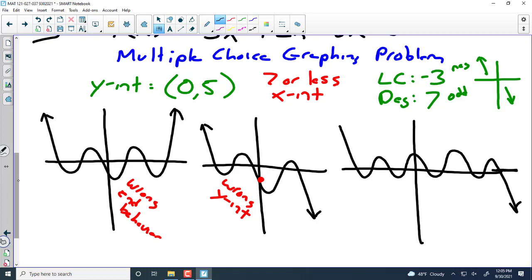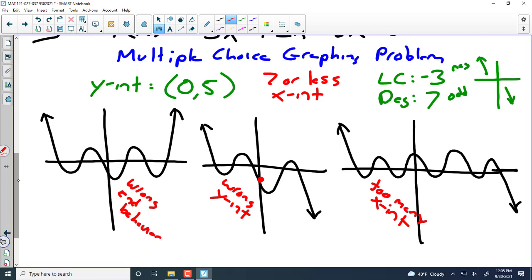So that must be the right graph. It's a possibility. No. Why not? Oh, it has too many x-intercepts. So if this was your multiple choice question, and these were 3 of the choices, they're gone. They're out of there, and you know it's the last one.